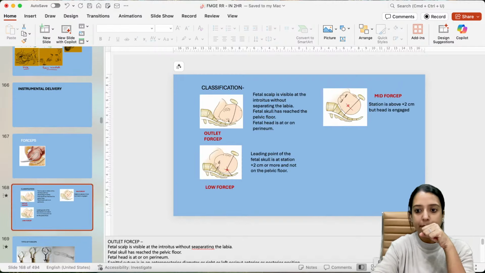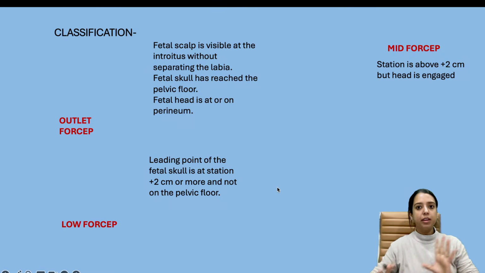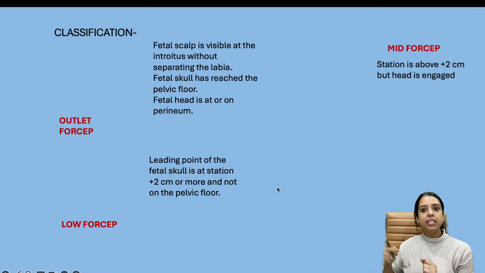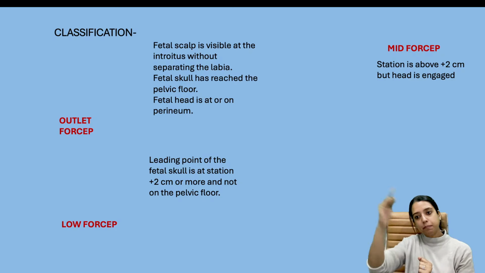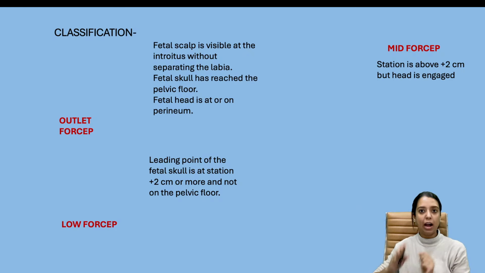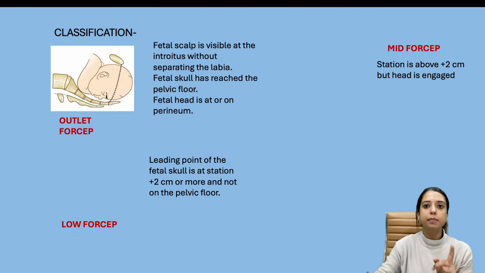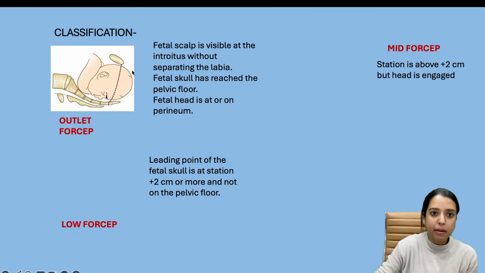एक हम देख लेते हैं types of forceps. See, forceps delivery is done to shorten the second stage of labor. There are 3 places where forceps is applied. Outlet forceps. Outlet forceps is applied when the baby is just at the perineum, about to come.